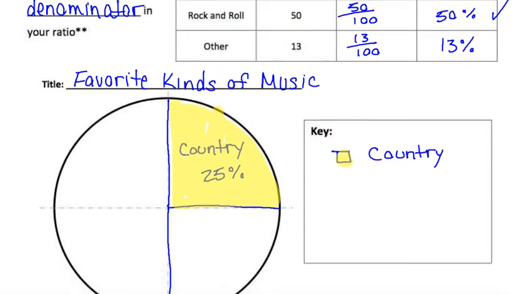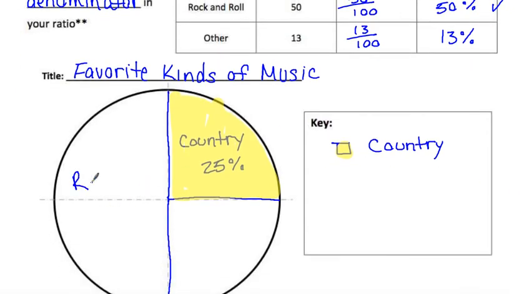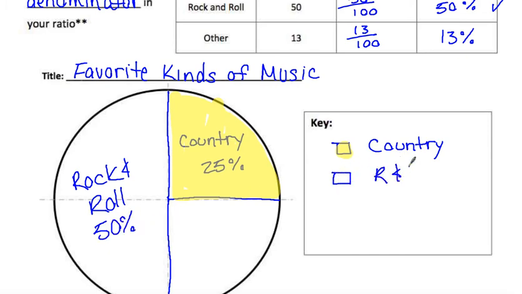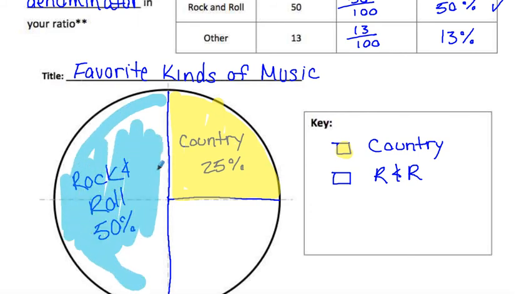So I'm going to come down here and I'm going to write rock and roll. And that's 50%. Make a little box, rock and roll. Pick a color, use a pattern, whatever works for you. Just so it's a little bit easier to see.